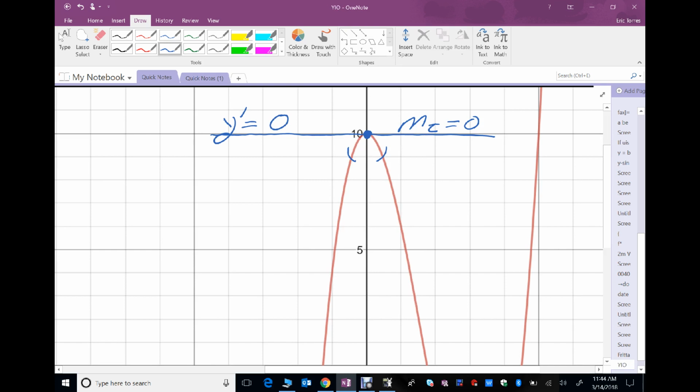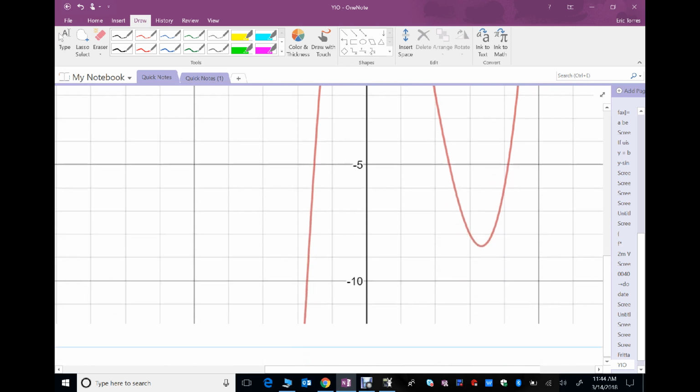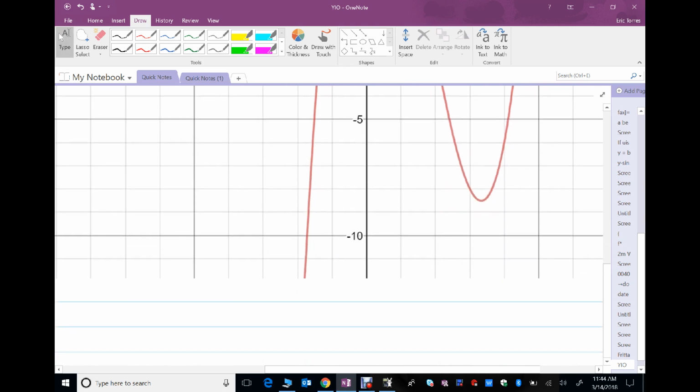Now, let's take a look at the vertex of the other turn. So, here's the vertex of the other turn, and this is called a local minimum. And again, same idea. There's some region to the left and to the right. So with everything within this set of points, this point is the lowest point.